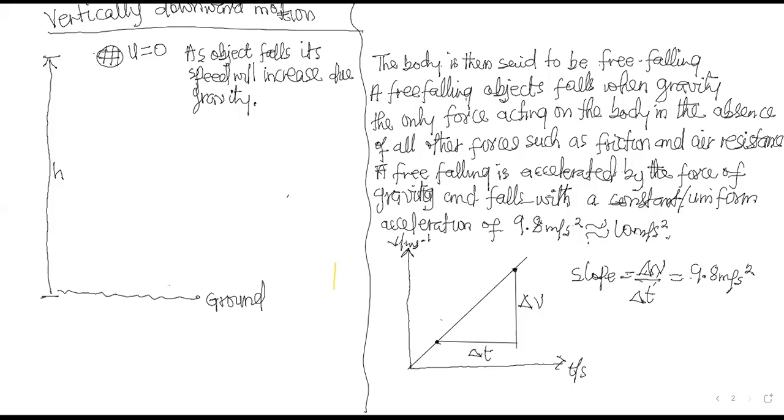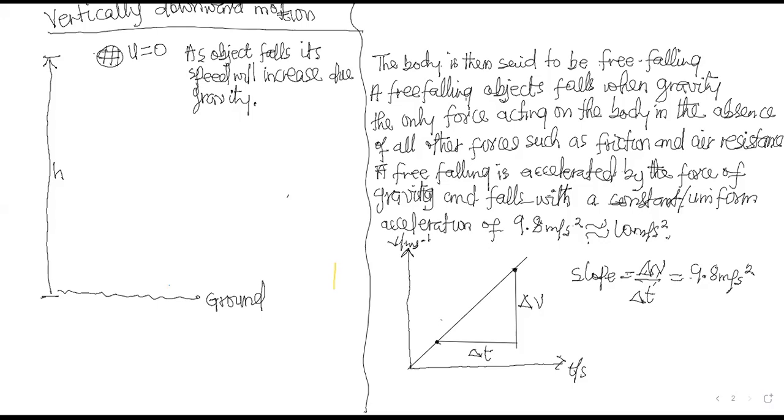Okay, so I said that for a free falling object or body, its velocity time graph is this. It will give you a straight line starting from the origin. It is starting from the origin because the initial velocity u is 0.